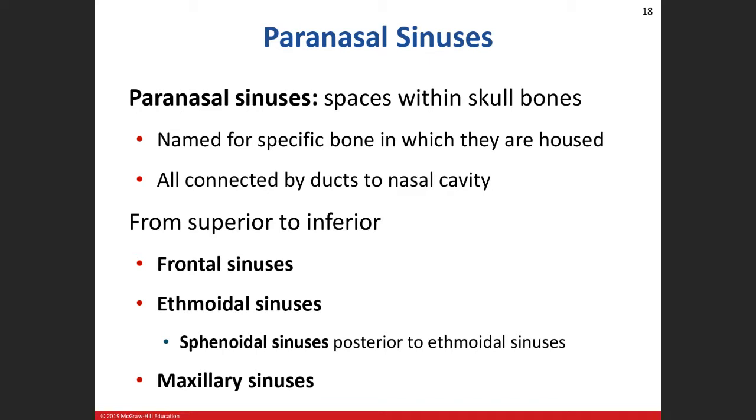All right, paranasal sinuses, we saw this in 210. These are going to be the sinuses that are closely associated with the nose. But all of these sinuses drain into the nasal cavity.